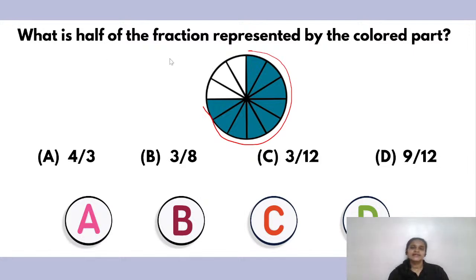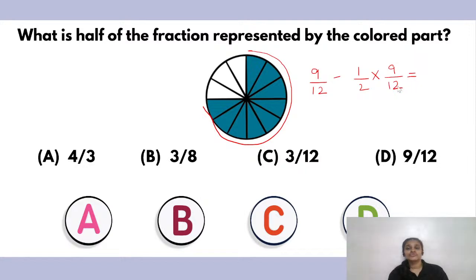All right. Since I need to proceed further, let's see how we get the answer. First we look at the fraction that the colored portion represents. The colored portion represents the fraction 9 out of 12. Now I have to find half of this, so half of 9 upon 12.